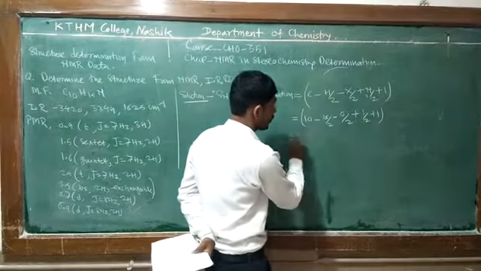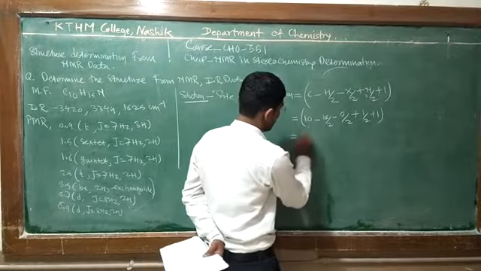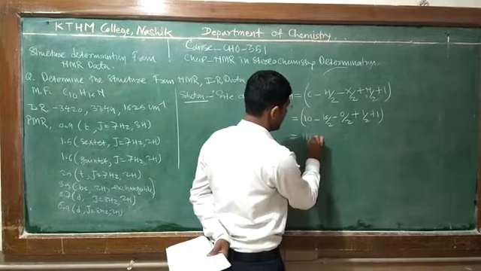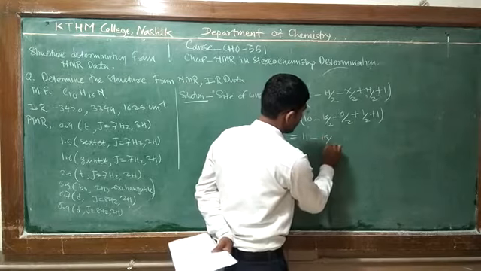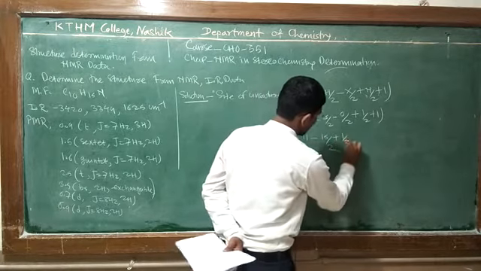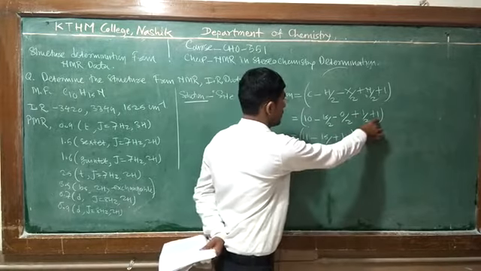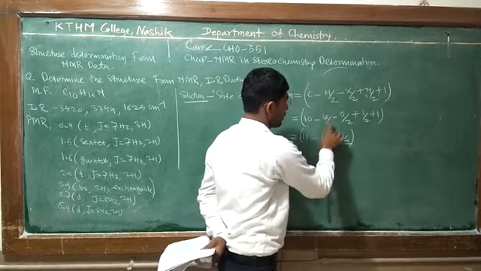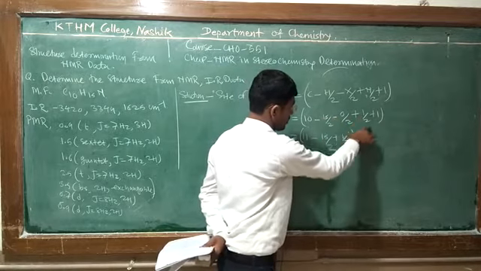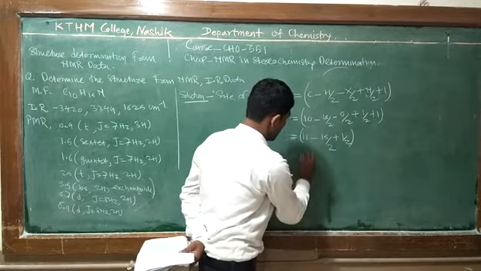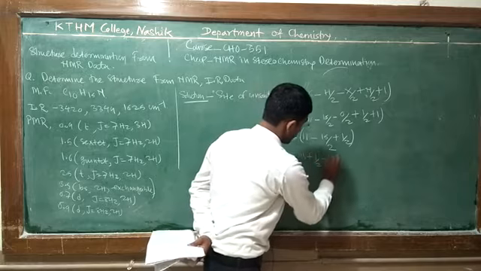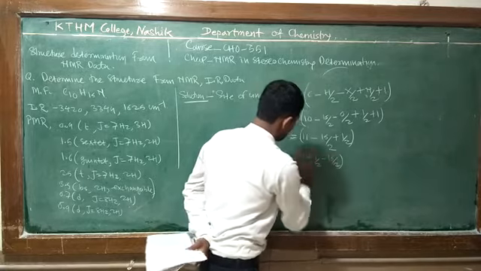Now we have to simplify. 10 plus 1 is 11, then minus 15 by 2, the halogen term becomes 0, plus 1 by 2. So again, 11 plus 1 by 2 minus 15 by 2.